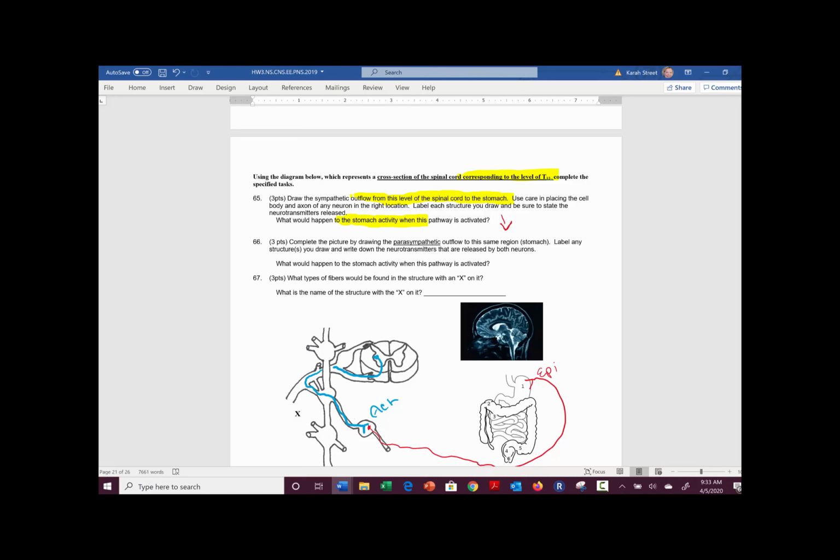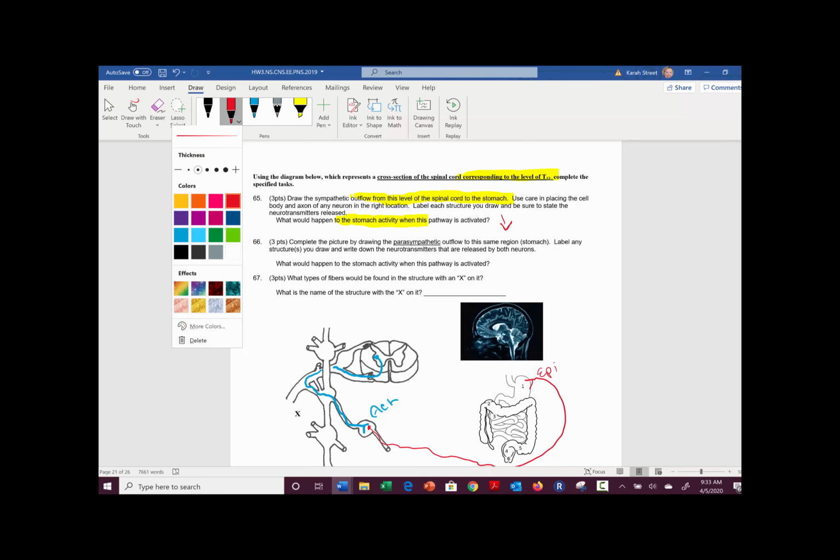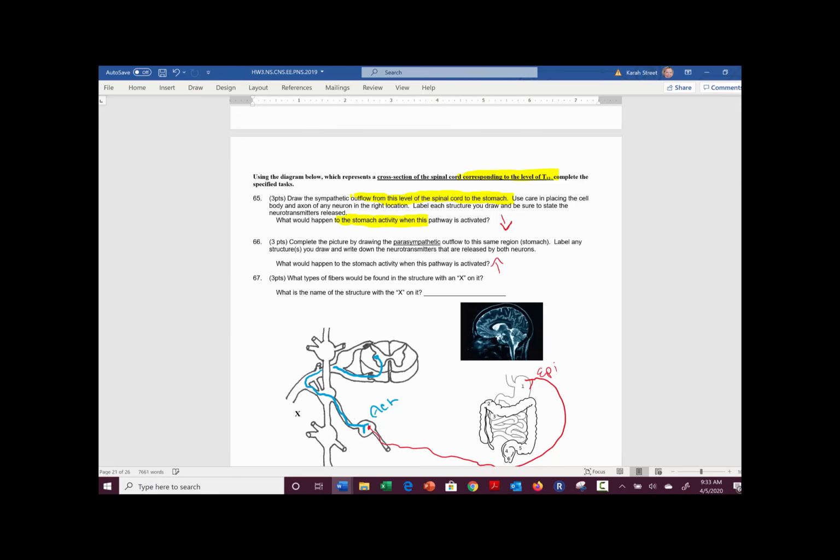Now it says complete the picture by drawing the parasympathetic outflow to this same region. Let's say we're done running for our life. We survived. Now we want to increase gut motility. So if it's parasympathetic, we would increase gut motility. And if we're going to the stomach, this is before that left colic flexure.